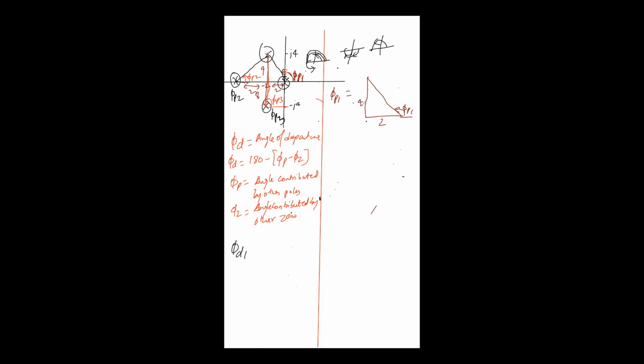For calculating phi p1, let us first calculate this angle, theta. Theta is opposite by base, that is 4 by 2, so theta equals tan inverse of 2.